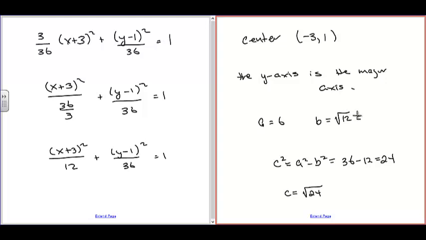So let's go ahead and get the decimal numbers so we can plot these. The square root of 12 is 3.46, and the square root of 24 is 4.90, rounding it off.